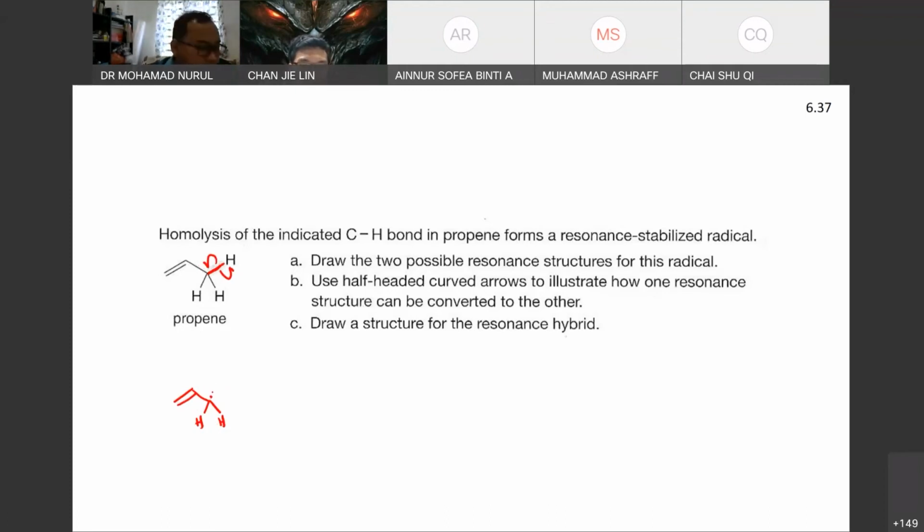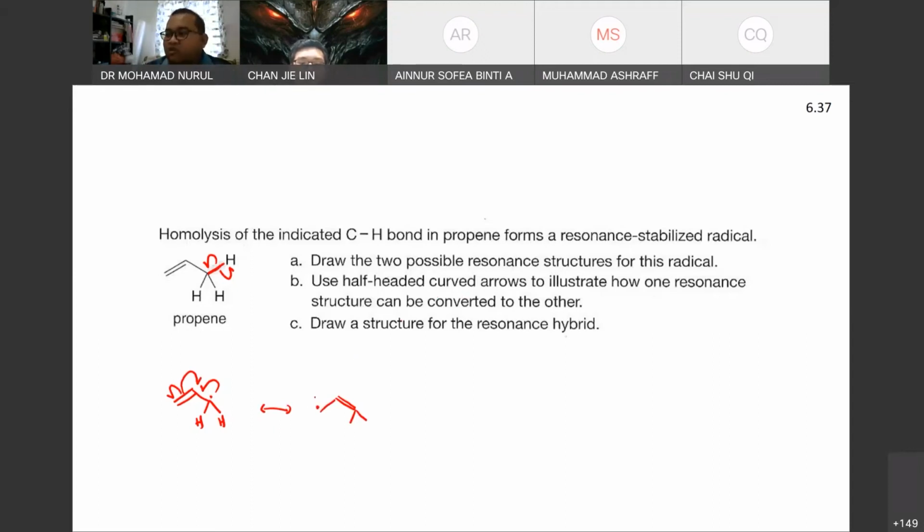And what you can do is go here: this one going here, this one going here. The second resonance, use half-arrow radical resonance.